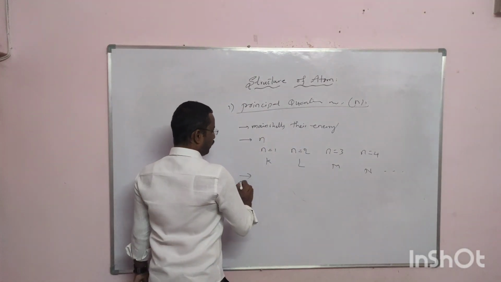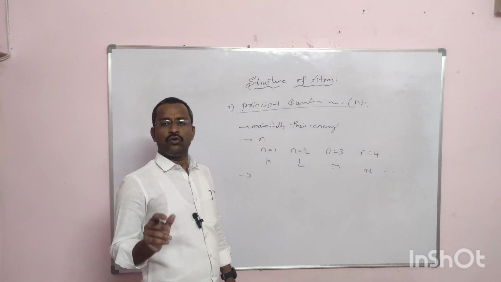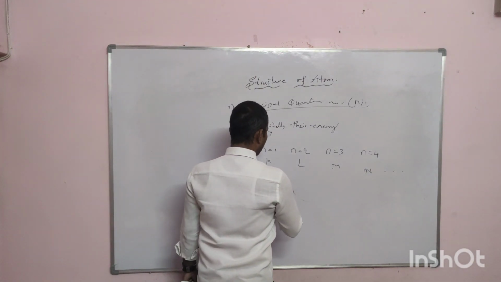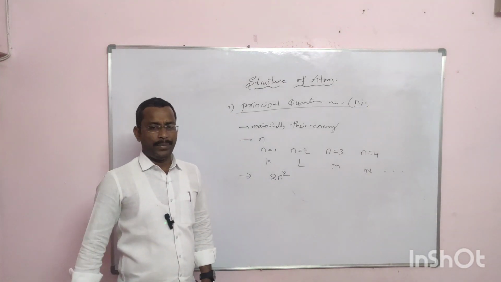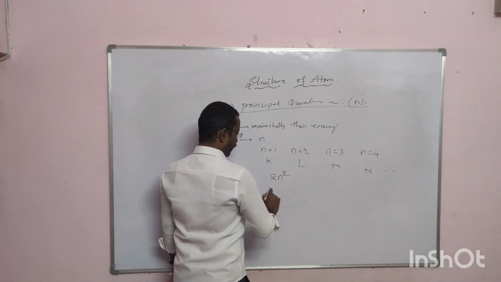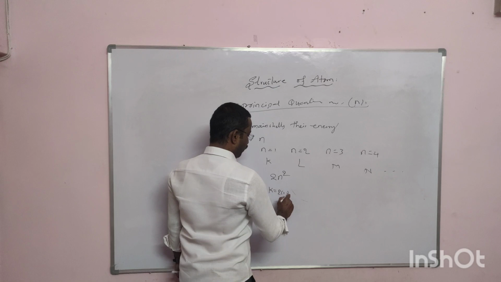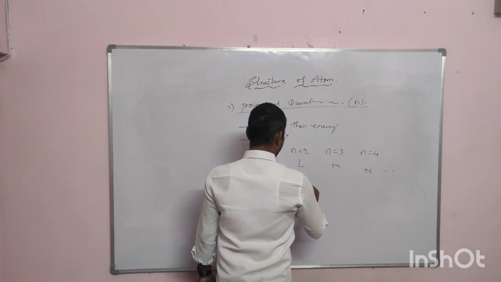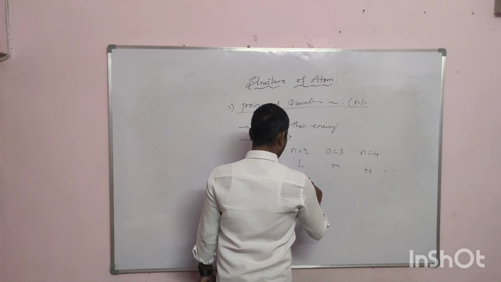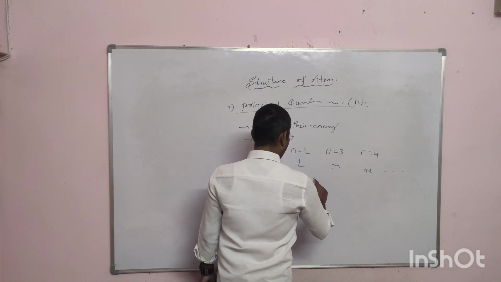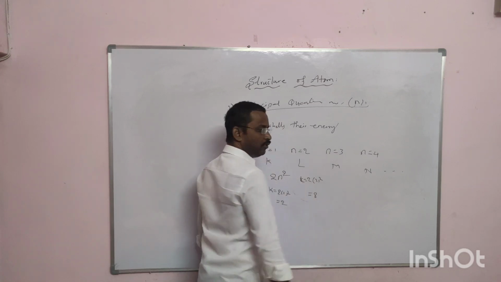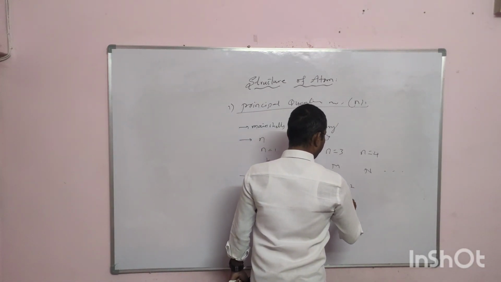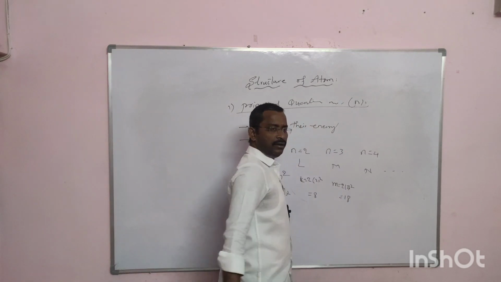The third point: the number of electrons that can be accommodated in a shell is given by the formula 2n squared. Based on this formula, in the K shell, you have 2 times 1 squared, which equals 2. In the L shell, n equals 2, so 2 times 2 squared, which equals 8. For the M shell, 2 times 3 squared, which is 18.